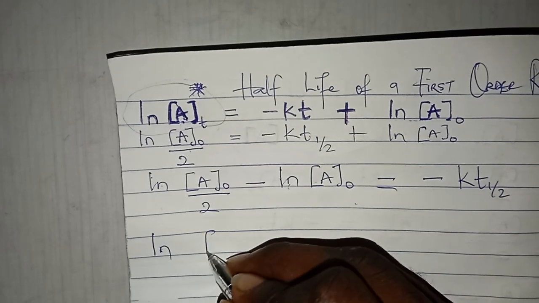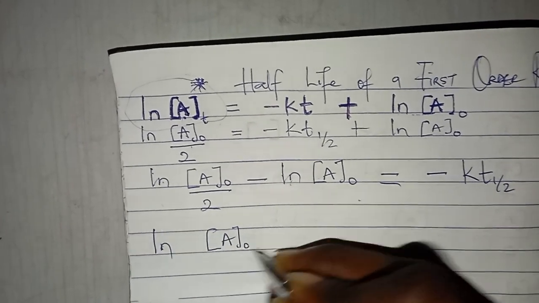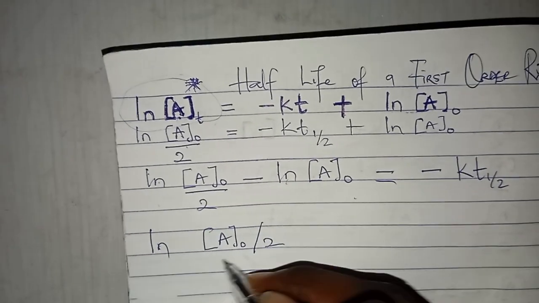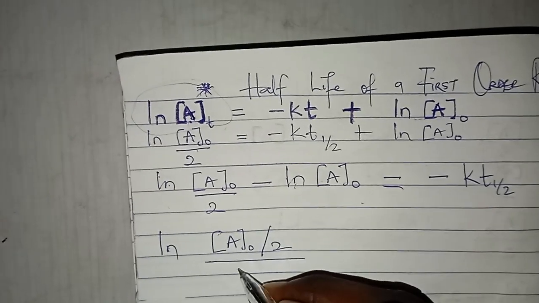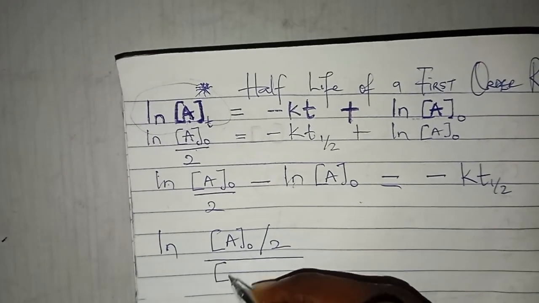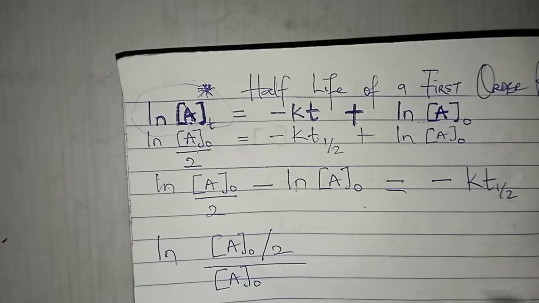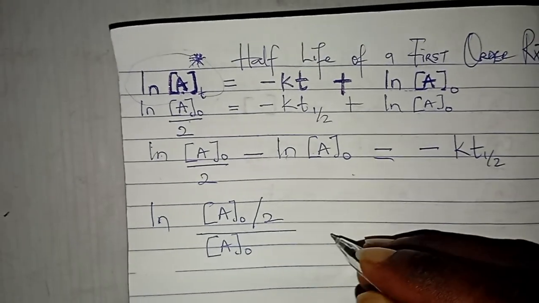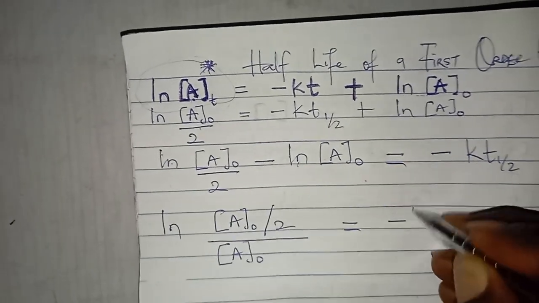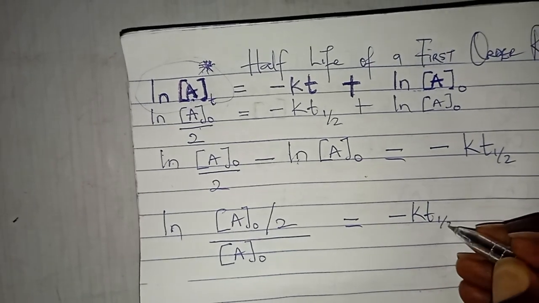So this becomes ln of A naught divided by 2 all over A naught, by the law of logarithm, equals minus k t half.